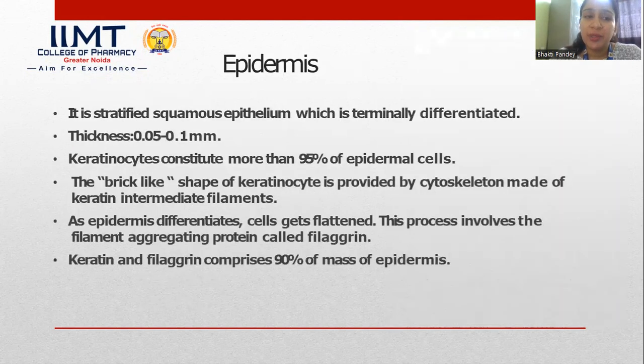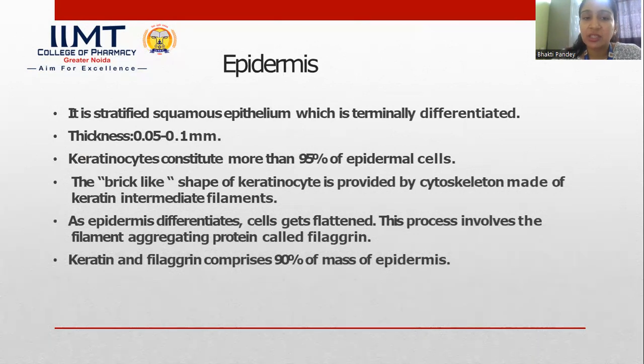Then epidermis, what is epidermis? The epidermis is a stratified squamous epithelium which is terminally differentiated, and the thickness of the epidermis is approximately 0.5 to 0.1 mm. It constitutes keratinocytes, more than 95% of epidermal cells.